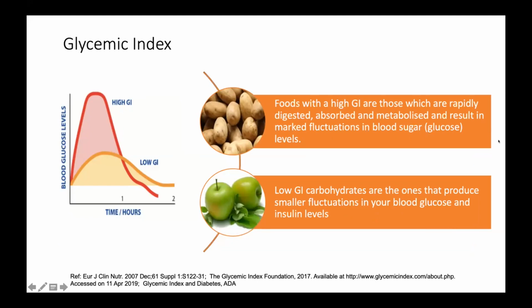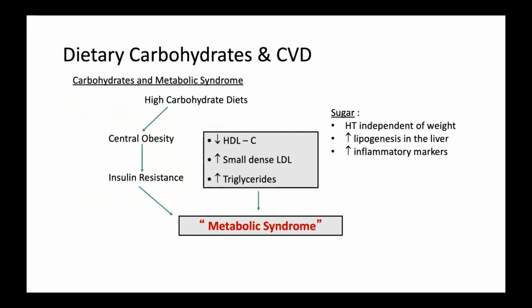The high glycemic index foods are basically those which change the glucose level rapidly. So everything which is sweet has a high glycemic index. It's a rough idea. And fruits and vegetables, which are a rich source of carbohydrate, have a low glycemic index.